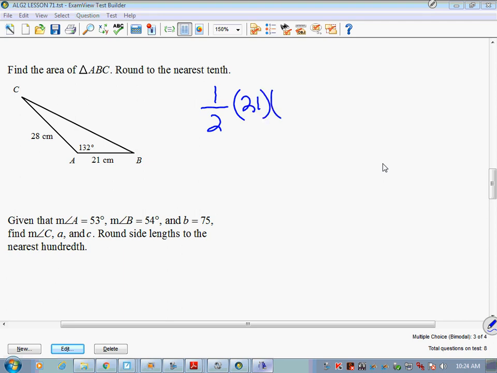Look again. 28. 28 times sine of what? I'm not going to just throw in a letter. I'm using all numbers here. 132. Okay, because it is the included side between those 2 sides. So I'm doing 1/2 times 21 times 28 times sine of 132 degrees. Ronnie, give me that number to the nearest tenth.